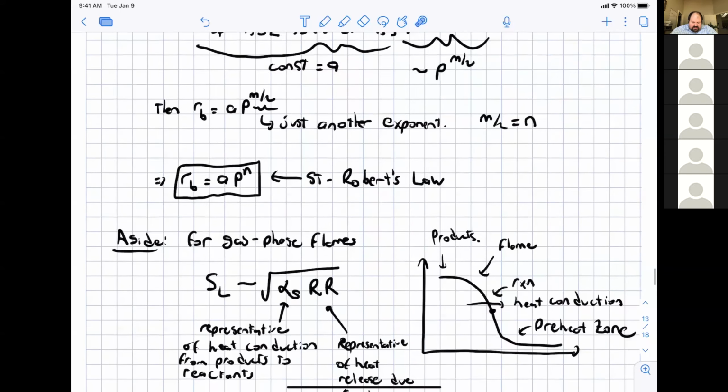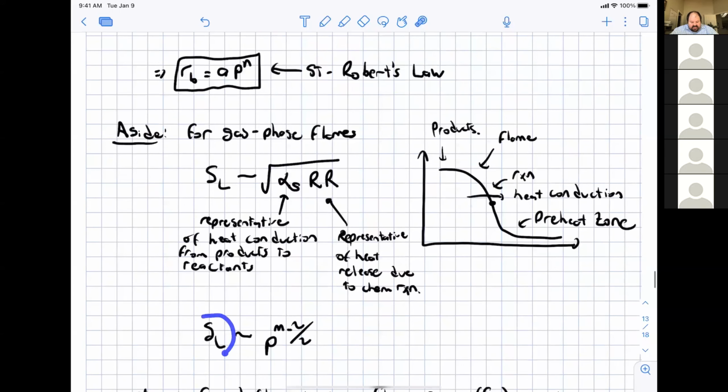And so what you wind up with for a gas is that the laminar flame velocity scales with pressure raised to the (m-2)/2. So for a gas, you have a completely different scaling of how fast the flame propagates through a reactive gas mixture than for a solid propellant.